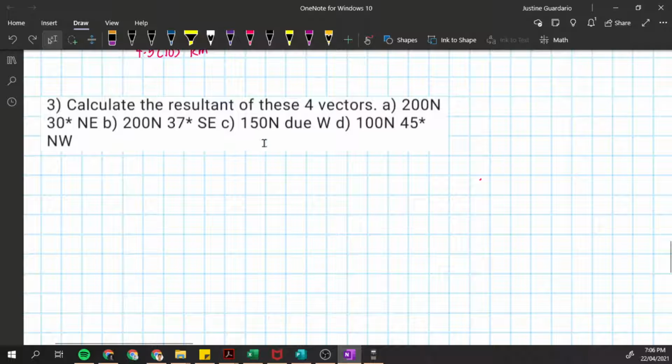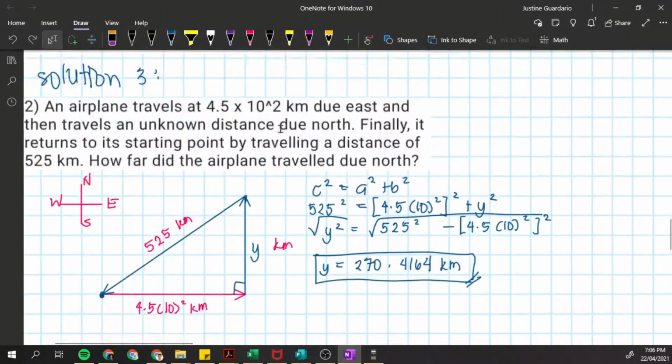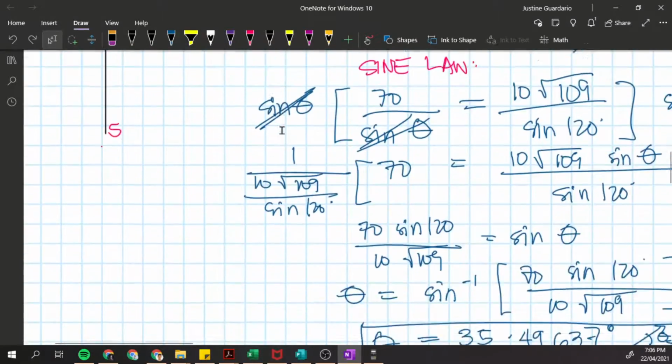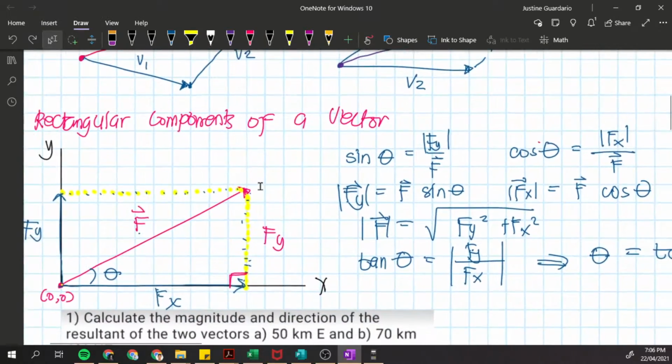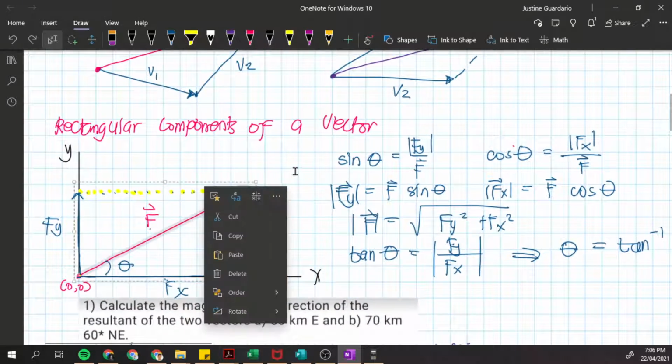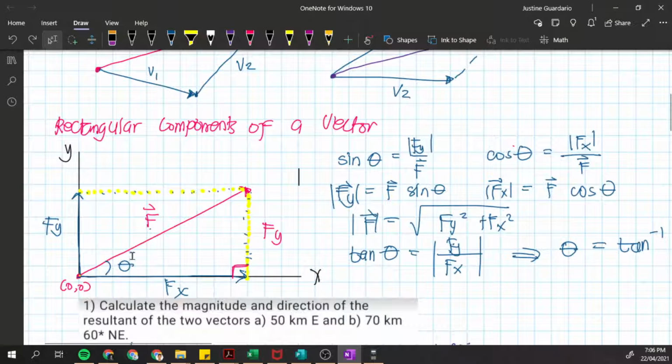We can do this graphically, but as I have said in my previous videos, it is easier when we add many vectors if we use the rectangular components of our vector. So recall, when we have a vector magnitude and an angle, with the angle in reference to the x-axis, either the positive or negative x-axis, we can use this formula.